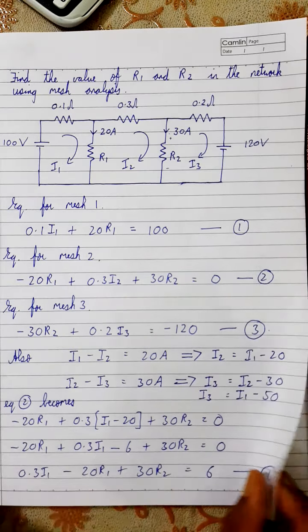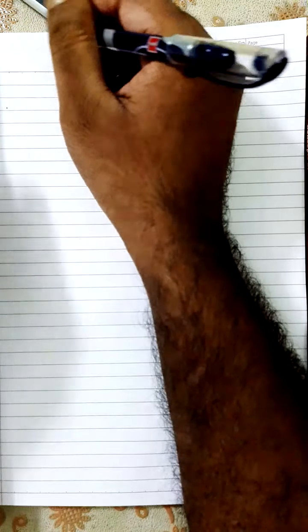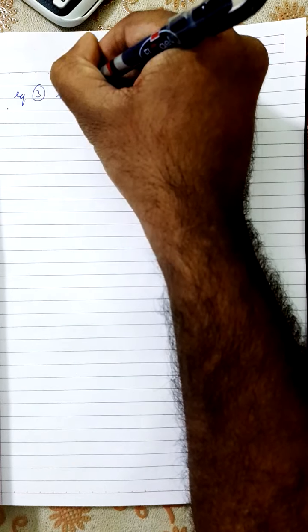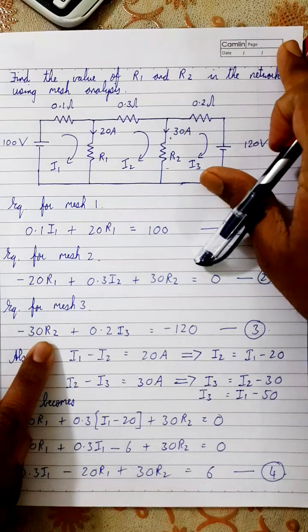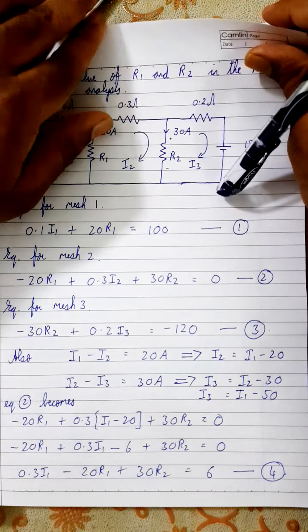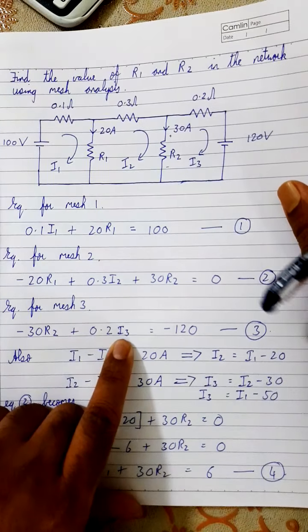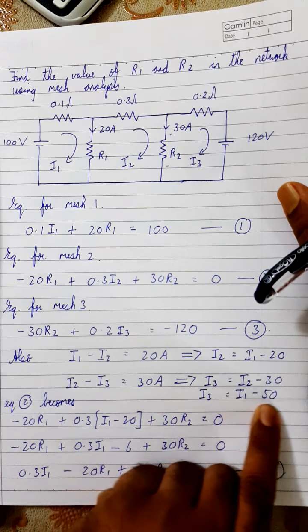Now, as for the other equation for mesh 3, let me write it. Equation 3 becomes minus 30 R2, plus 0.2, and instead of I3 I will write I3 is equal to I1 minus 50.